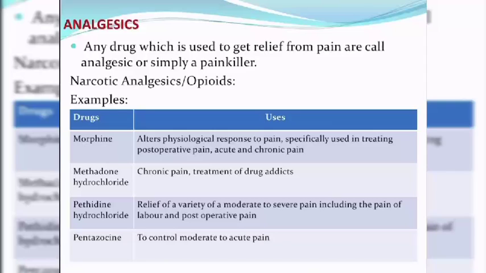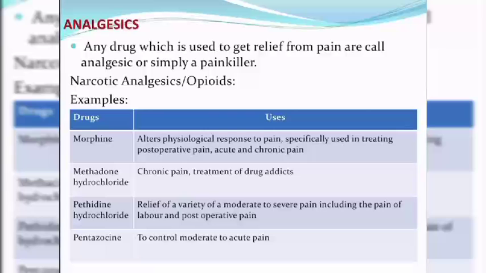Acute pain means what? Acute pain is a type of pain that typically lasts less than 3 to 6 months. Such pain is called acute pain. That means it is not cured in a very fast manner. The pain is persisting, so it will last for 3 to 6 months. It is a long process. During this time, to avoid feeling that pain, we should take some drugs.